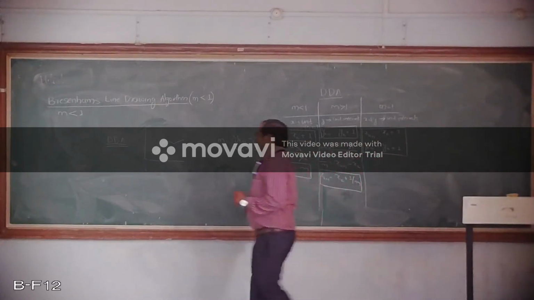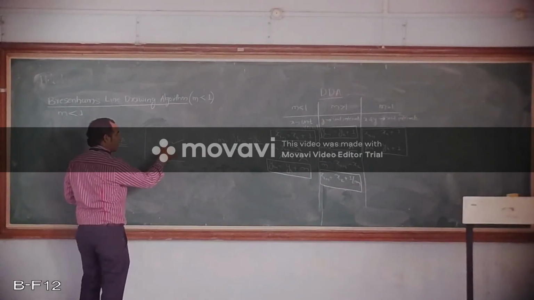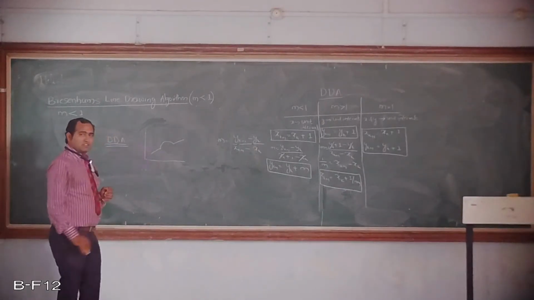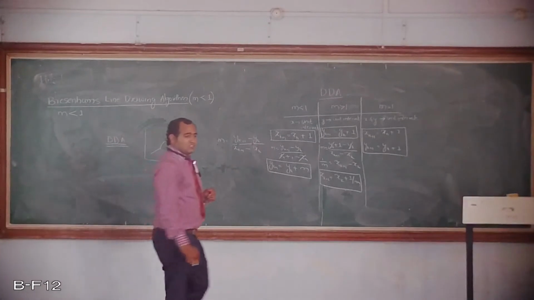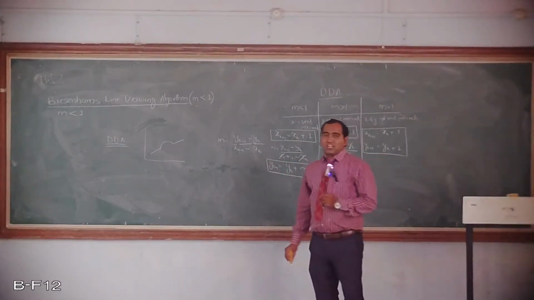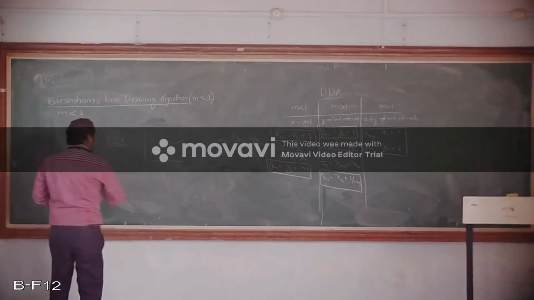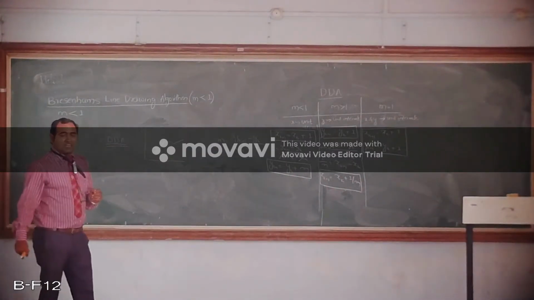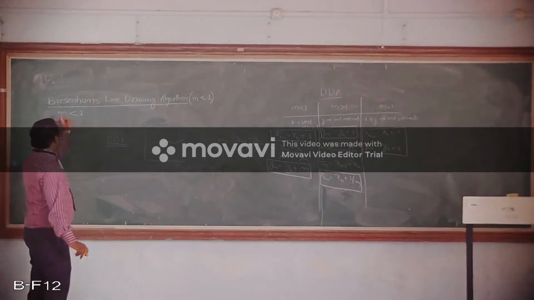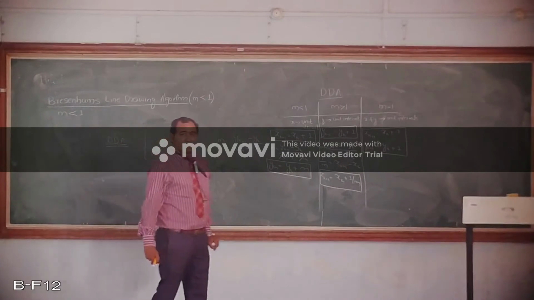After rounding it off, the line was supposed to be here, but it went here. That is the reason why there is some error in the digital differential analyzer. We will try to eliminate that error by using Bresenham's line drawing algorithm.